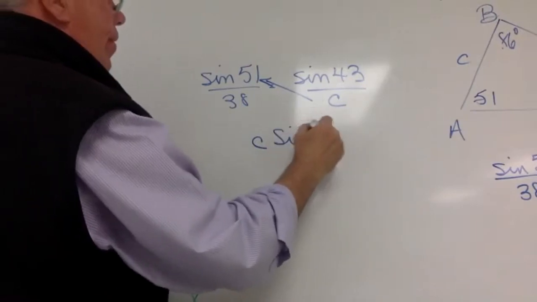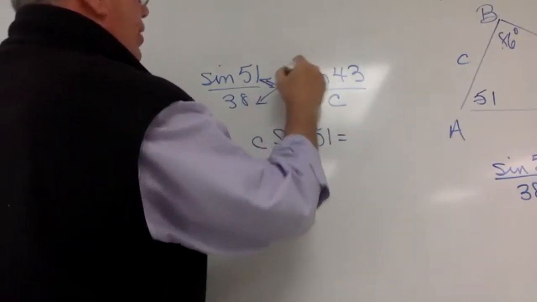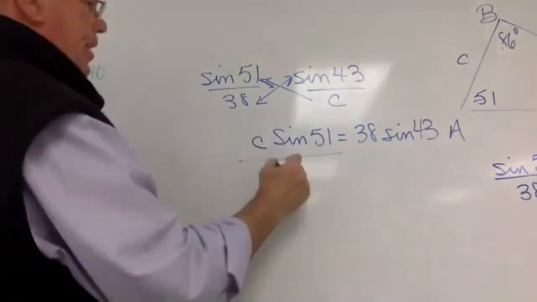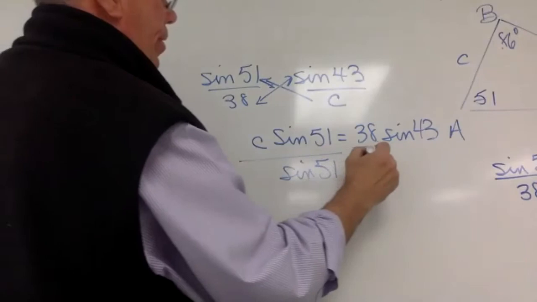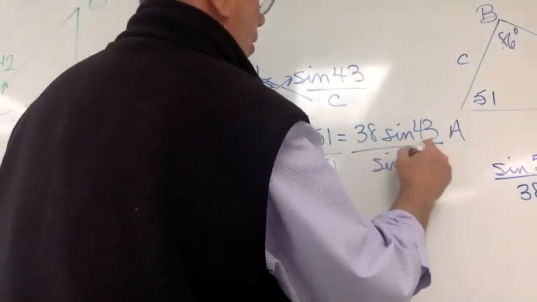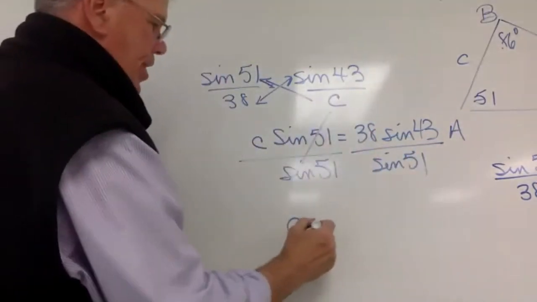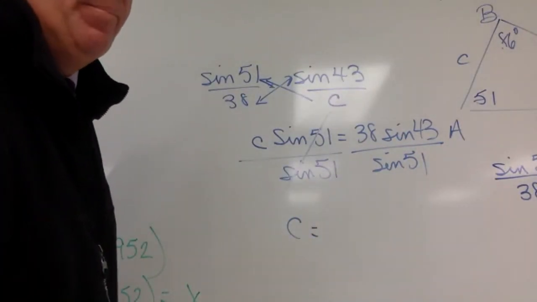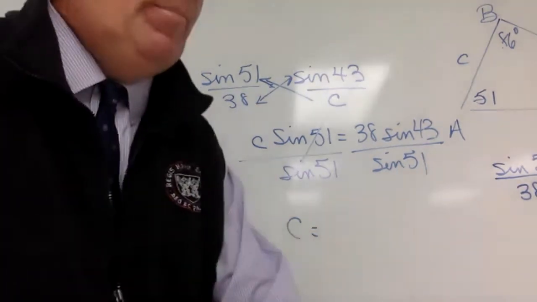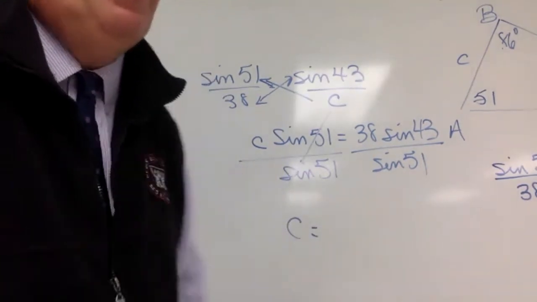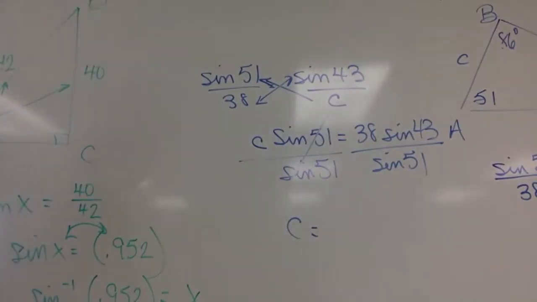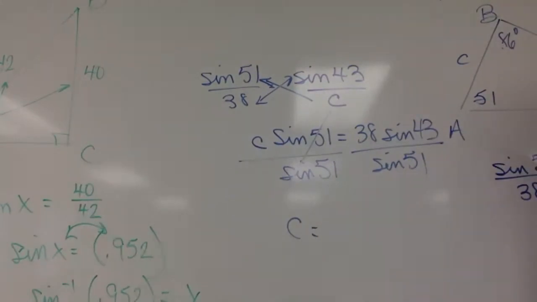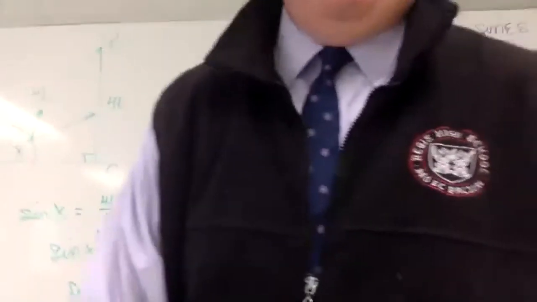Divide both sides by the sine of 51, and what do we end up with? C equals? What do you got? Everybody get a number here? 33? Not sure what it is. I didn't do it myself, so I hope you're right.